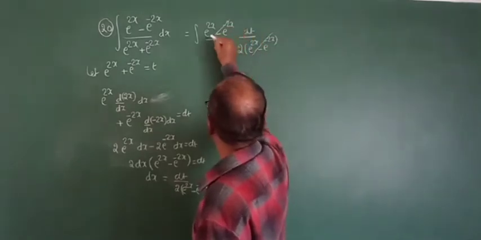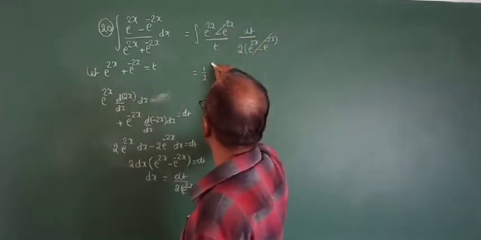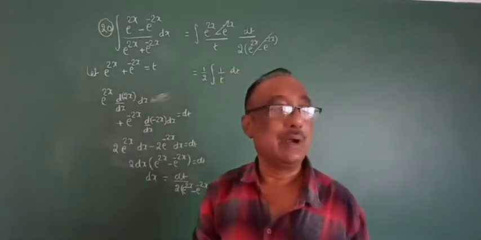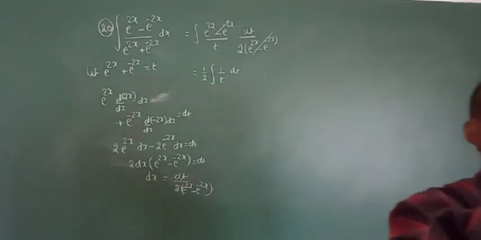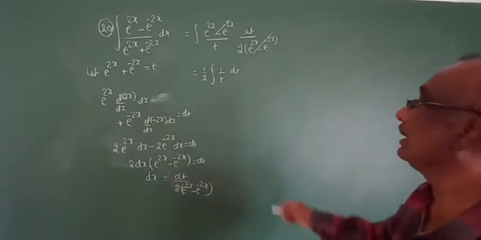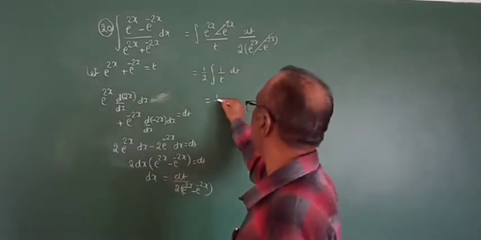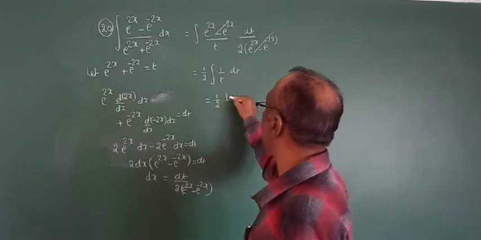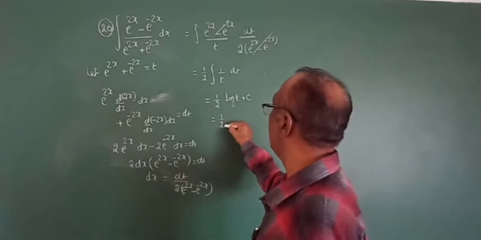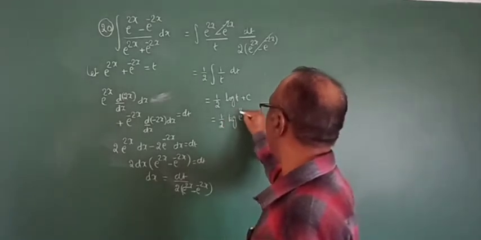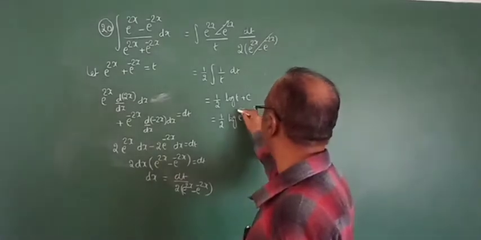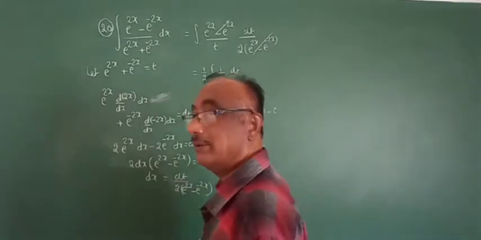This derivative part is cancelled. 1 by 2 is outside, 1 by t with respect to variable t. Integration of 1 by t is log t plus c. For t, write down the original function: log of e power of 2x plus e power of minus 2x, plus integral constant c.